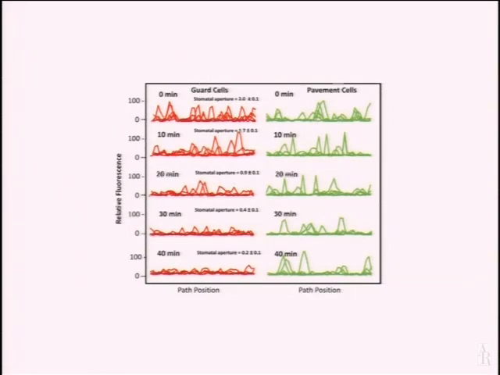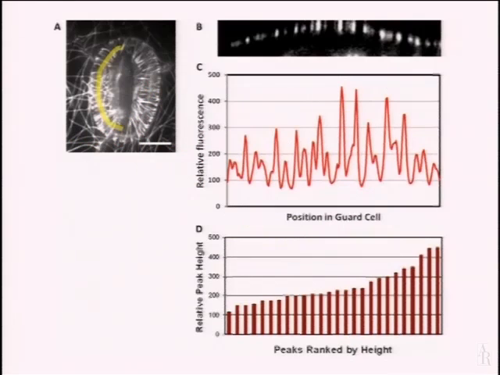And when they're open, this is what you see from the 6 scans in terms of fluorescence intensity. And notice that after 10 minutes is less, less, less, and finally all those bright bands are gone when they're closed. On the other hand, if you look at the pavement cells, you see nothing of the sort. There's still plenty of bright bands. And so it looks as if there's something really different between pavement cells and guard cells.